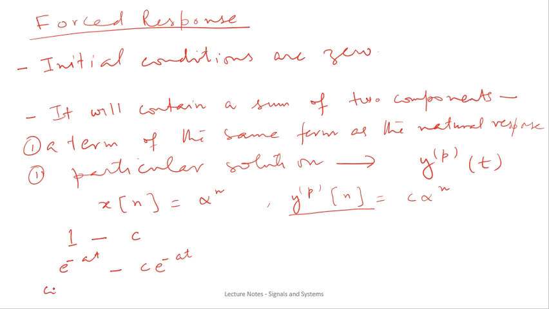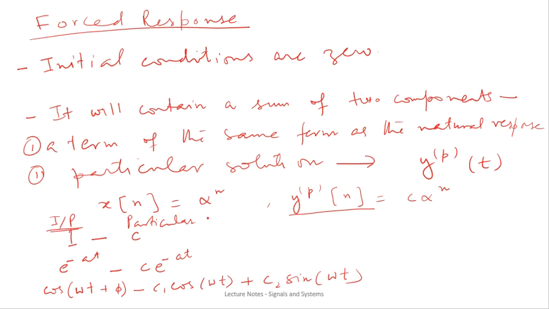If the input is cos(omega t plus phi), then the particular solution can be written as C1 cos omega t plus C2 sin omega t. If this is the input, then this will be your particular solution for the continuous time case. Similarly, we can have the same for the discrete time case as well.